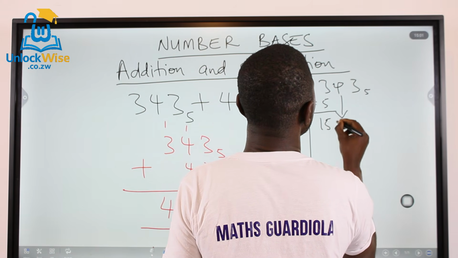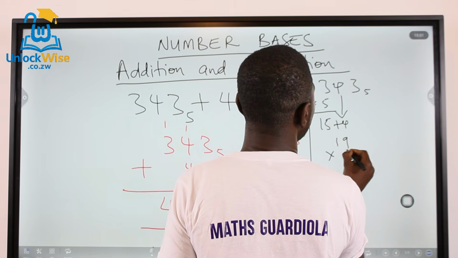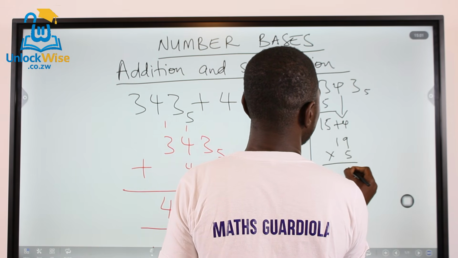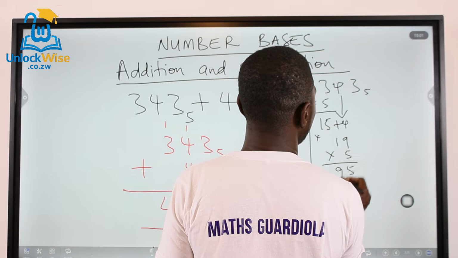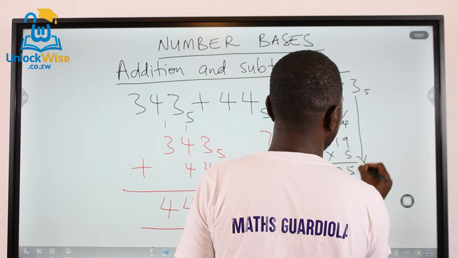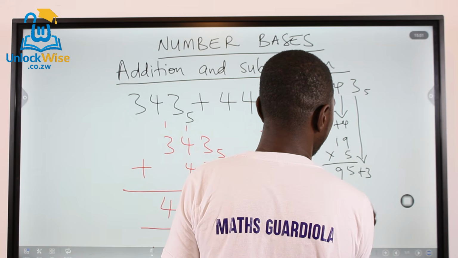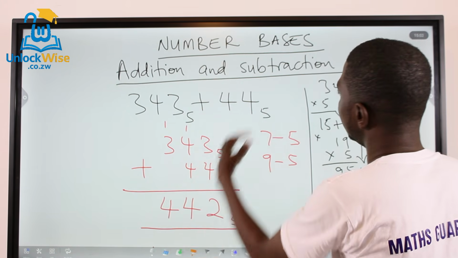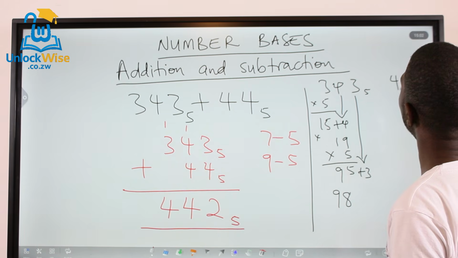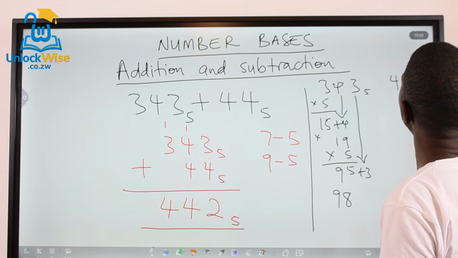I'll add 4 and get 19. 19 multiplied by 5 will give me 95. As I add my 3, I will get 98. Okay, fine. And let's see, 44 actually is 44 in base 5.